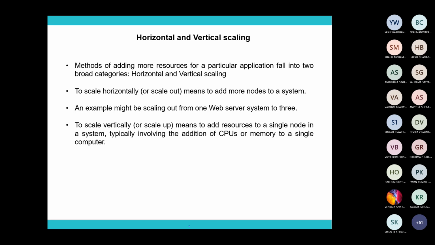In a human analogy, if you look at the life cycle of any human, it starts with vertical scaling, then horizontal. When a child is born, maybe it is 1 or 1.5 feet, then we increase to 2 feet, 3 feet, 4 feet, 5 feet, the height of that person.